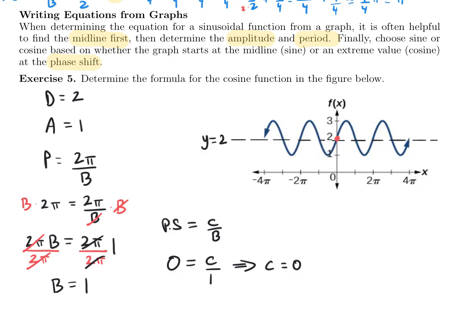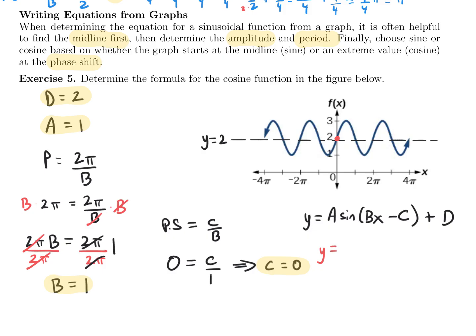So now we have everything we need to write out our function. We have c, we have a, we have d, we have b. So let's first write the general form. Recall that the general form is y equals A sine (bx minus c) plus d. All you got to do is replace the letters with the numbers.